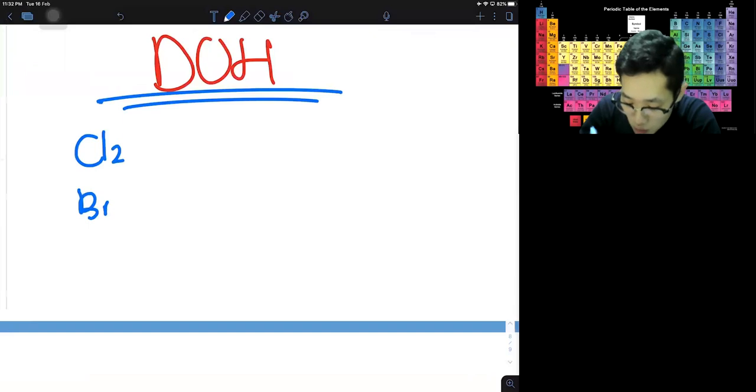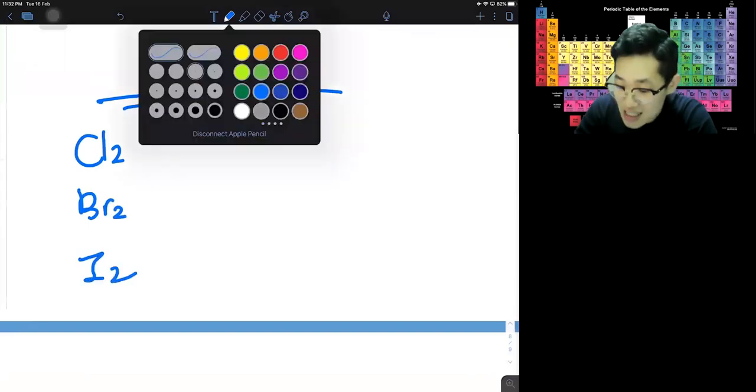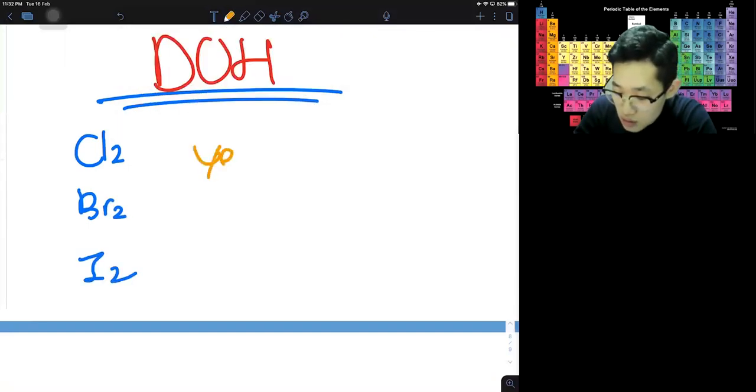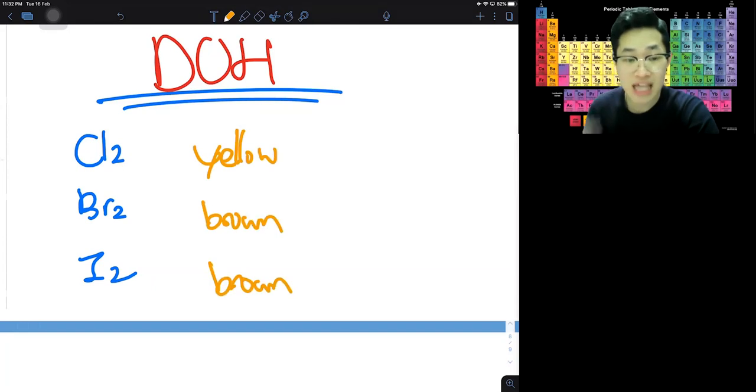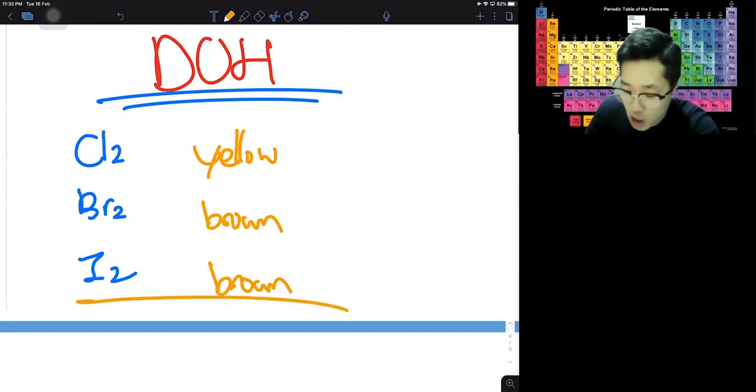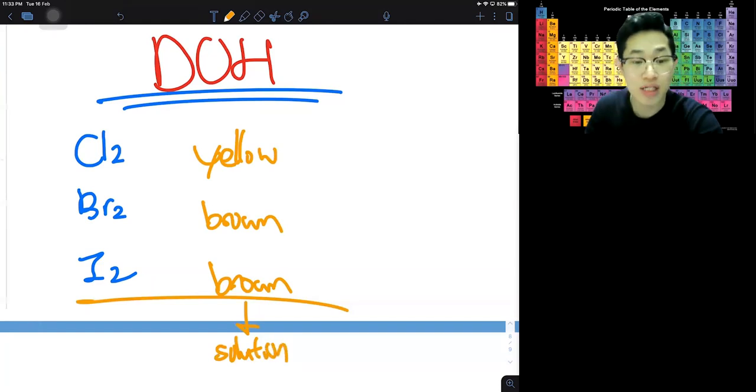Cl2, Br2, I2: the colors are yellow, brown, brown. They show yellow, brown, brown in solution, that means aqueous.